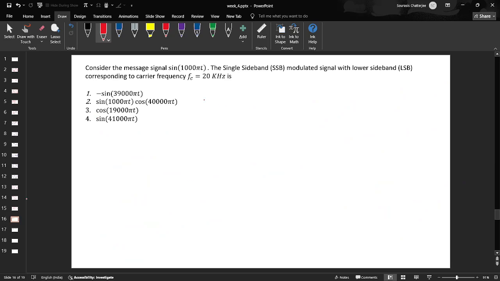Now we are given the message signal. We have to find the single sideband modulated signal with lower sideband corresponding to this carrier frequency. Since fc is 20 kilohertz, your carrier cos(2πfct) is basically cos(40,000πt), right?